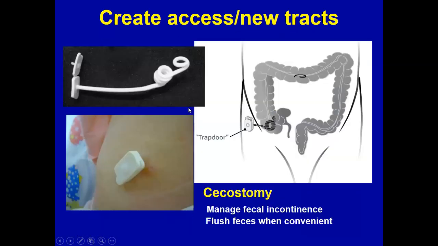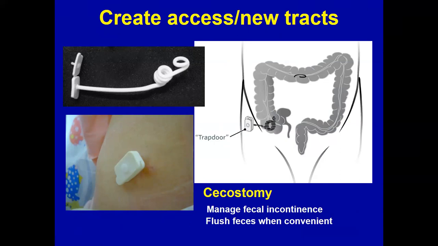Okay. We can do the same thing for the large bowel. So using a catheter like this, which ends with a small button in the skin, patients who have fecal incontinence, usually patients with spina bifida and neurological problems, they have difficulty controlling the bowel. And what will happen, these people will soil themselves all the time.